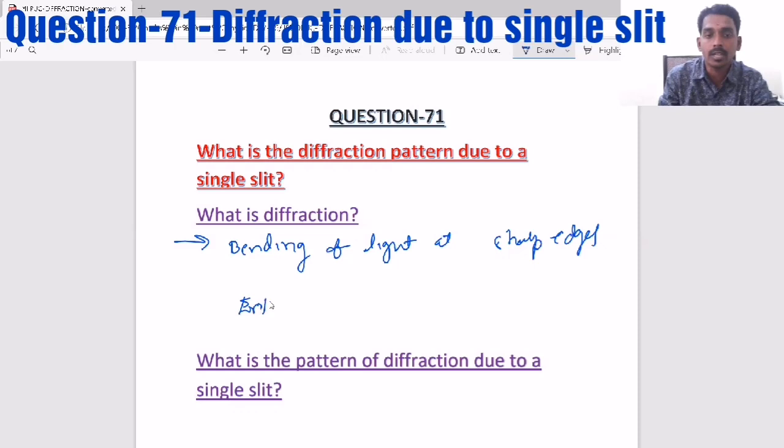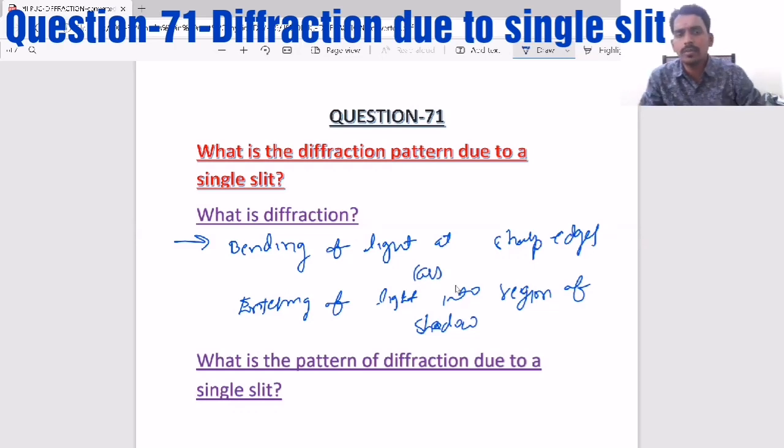You can also say it is the entering of light into the region of shadow. So this is the definition of diffraction.